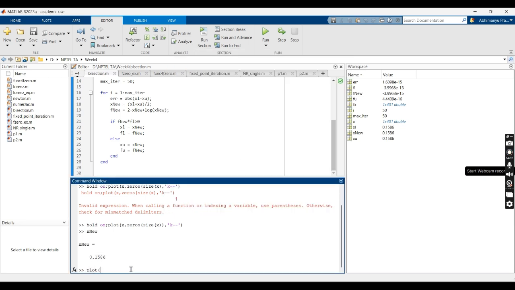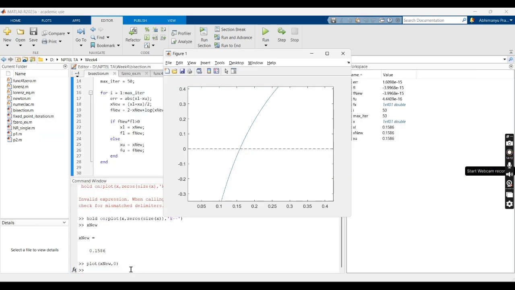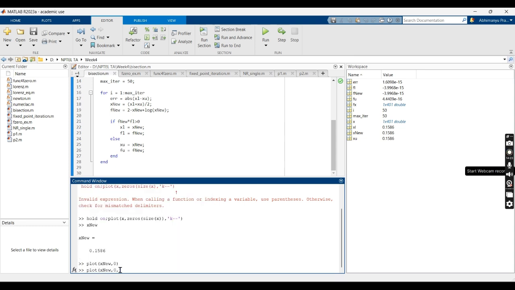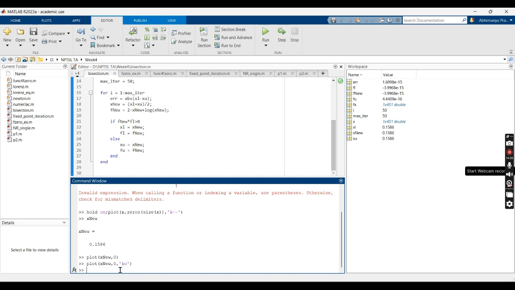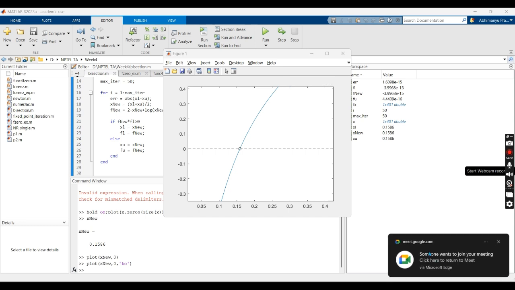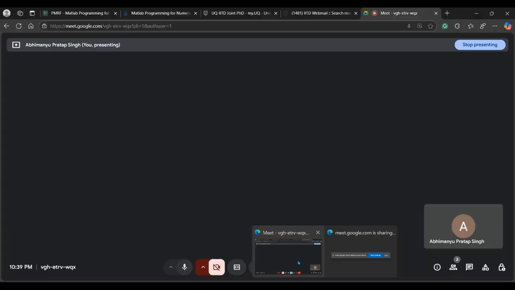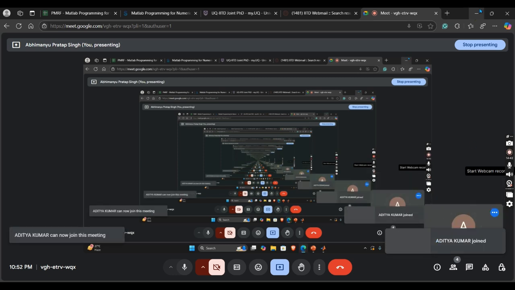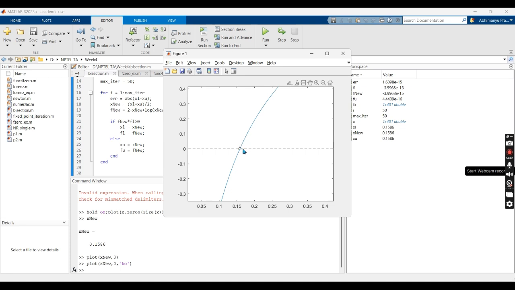I will plot this on the graph itself. So that is my one root for this problem.